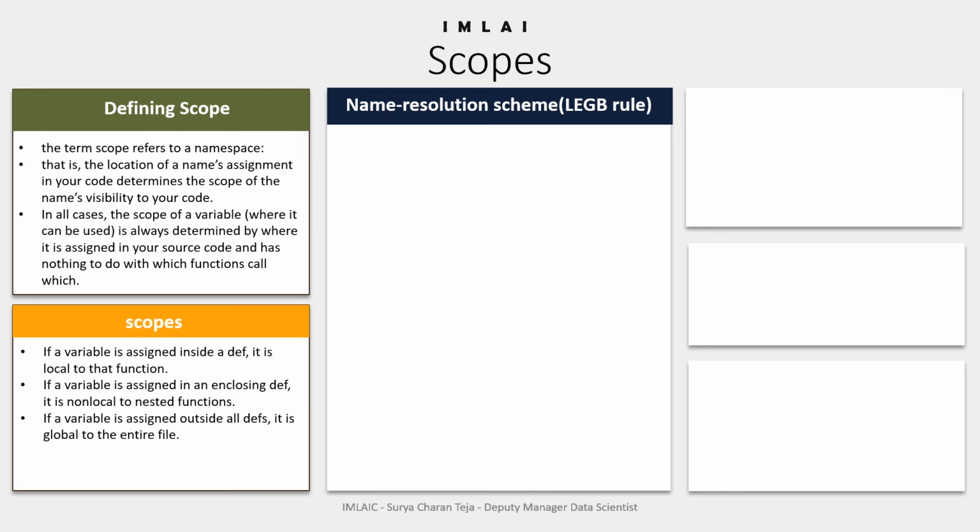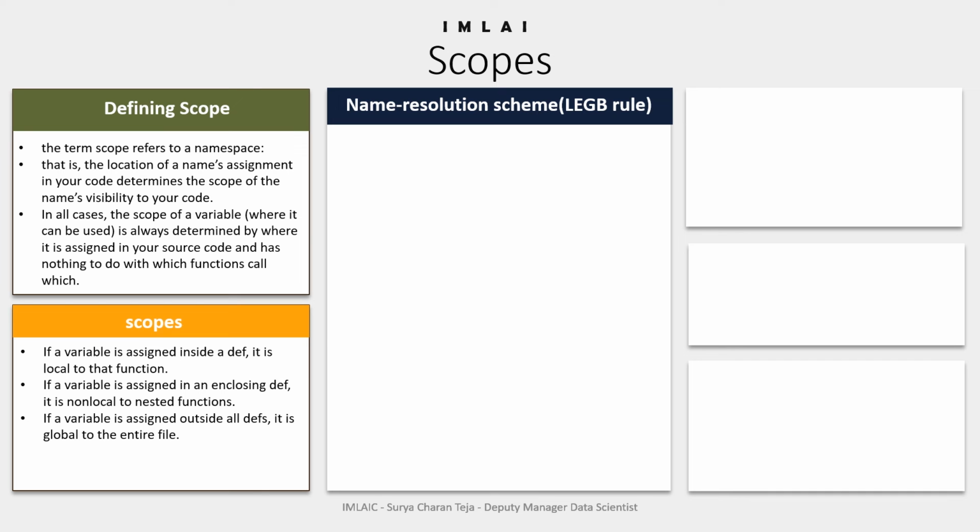Now, if the prior section sounds confusing, it really boils down to three simple rules with a def statement. First, name references search at most four scopes: local, then enclosing functions, if any, then global, and finally built-in.